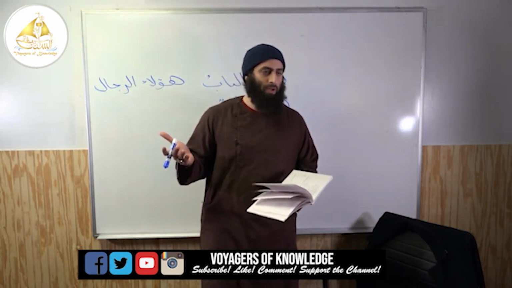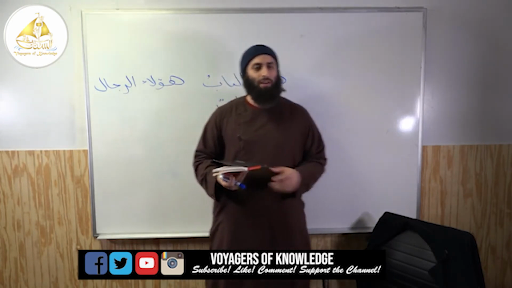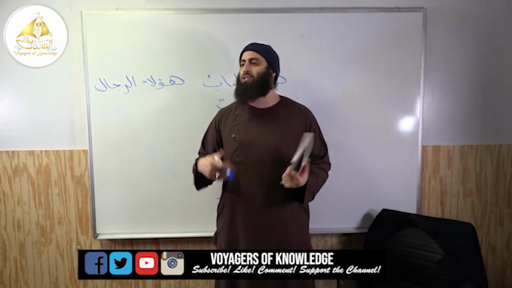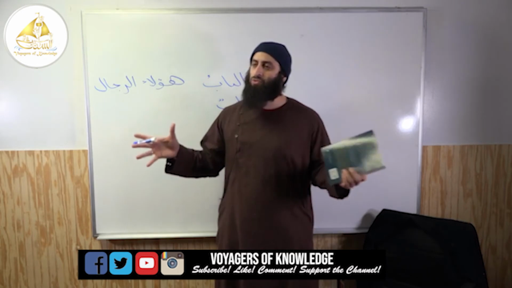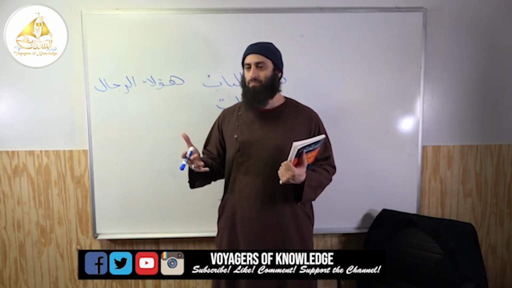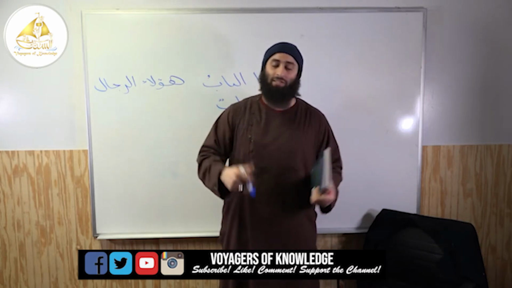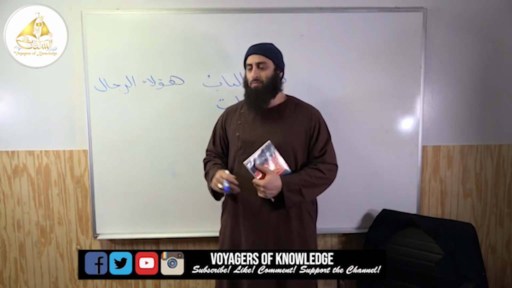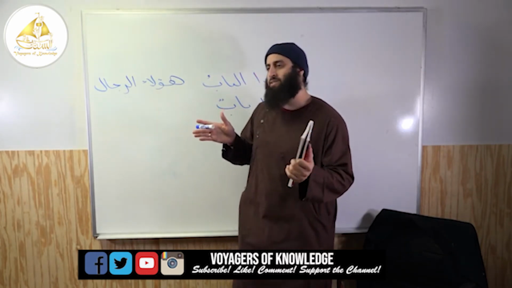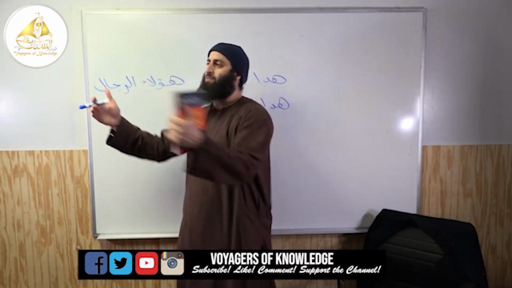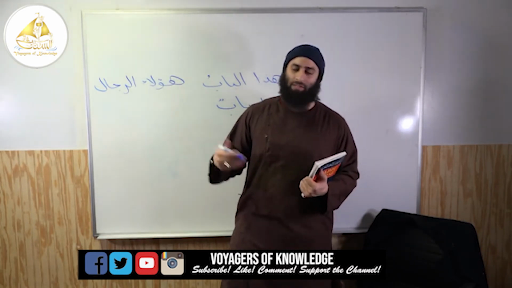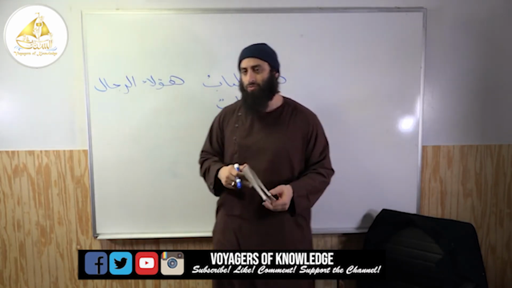When you say huwa bil jami'ah, you're referring to, he's at the university, and you can also mean he's in the university. More specifically, when you say fi, it's like you're saying he is in some kind of building with walls. That's the difference between the two. All right?